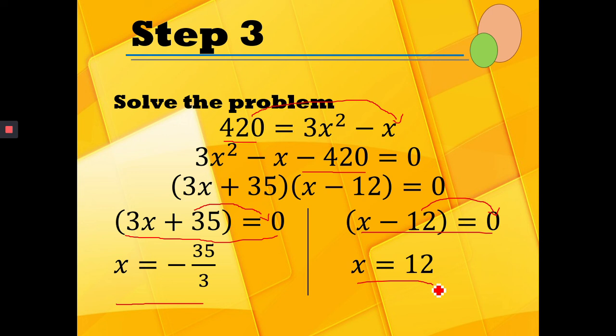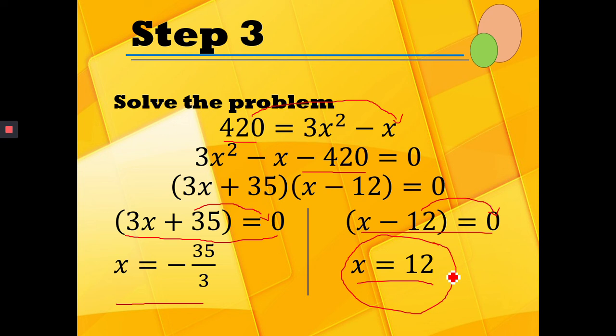Pero isa lang po yung kailangan natin. Bakit? We will be rejecting the negative value of x because the measurement of the width cannot be negative. Or the measurement of both length and width cannot be negative. So, ang kukuhain lang natin po na value ng x dito is yung positive 12.